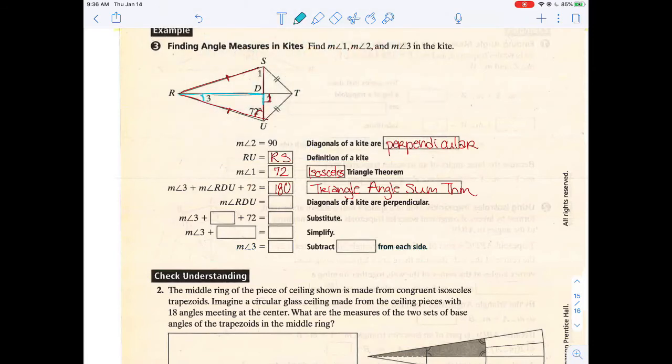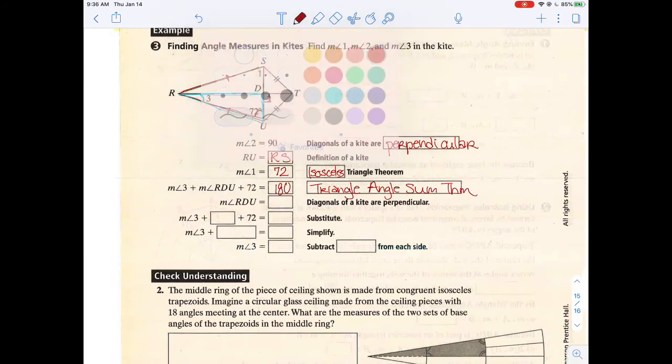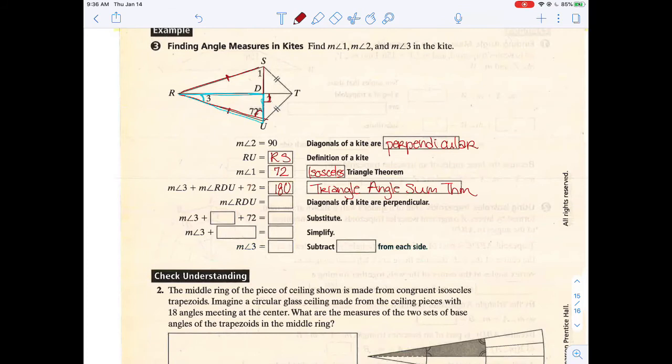So we are just looking at this triangle here. So then we know that RDU is 90 degrees because the diagonals are perpendicular. So we can replace RDU with 90. It's still equal to 180. 90 plus 72 is 162. It's still equal to 180, and then if you subtract 162 from both sides, the measure of angle 3 is 18 degrees.